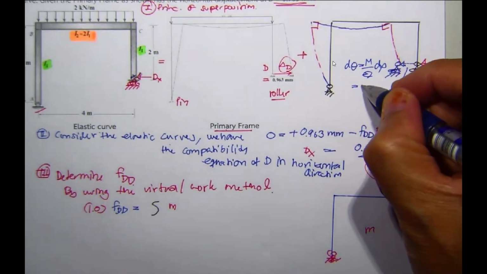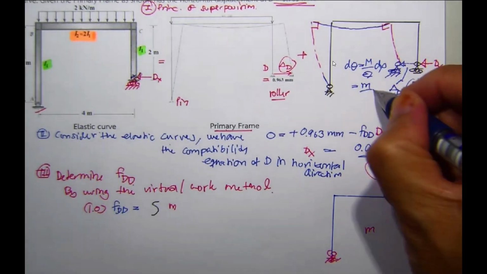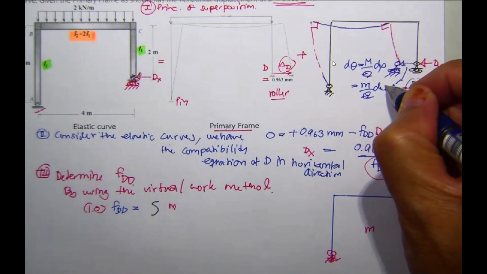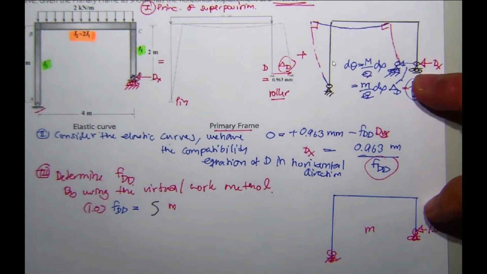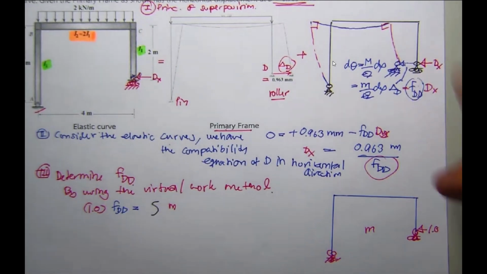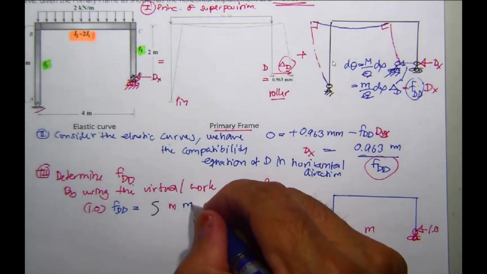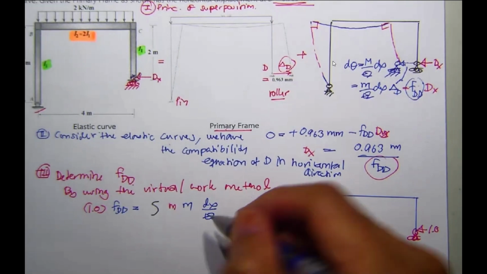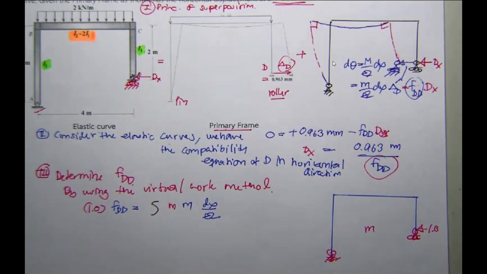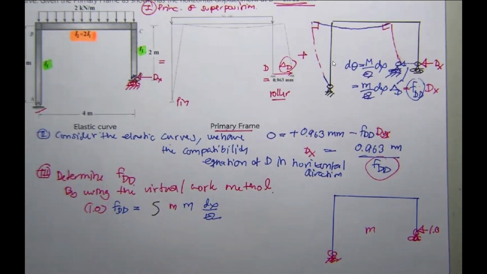So this theta is gonna be small m over EI dx. See, they are the same. Okay, so this is gonna be small m and then dx over EI. Now, this is your routine to analyze the structure for the small m.